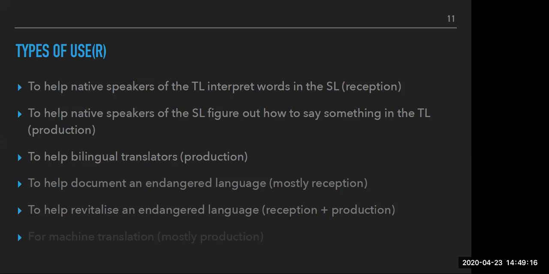To go back to what I was saying, if you are trying to help the native speaker of the source language, that is English, figure out how to say this in Tamil, it would be a little more complicated. They will have to be told that we don't exactly have a way to say this in the exact way that you mean.